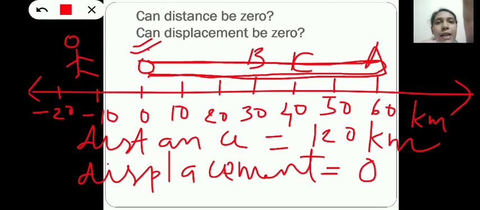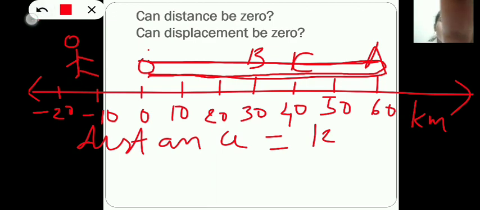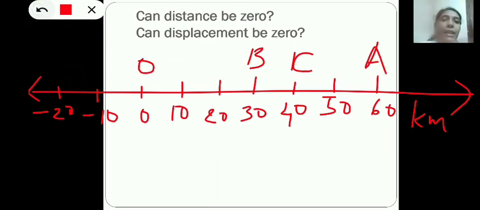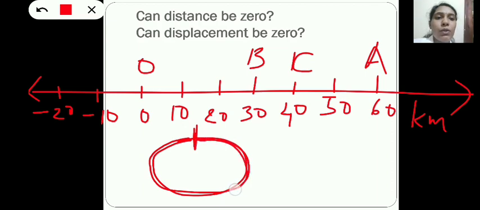The same thing happens when the object travels along a circular path. Suppose the object starts its journey from this point and completes one circular motion along the circumference of the circle.